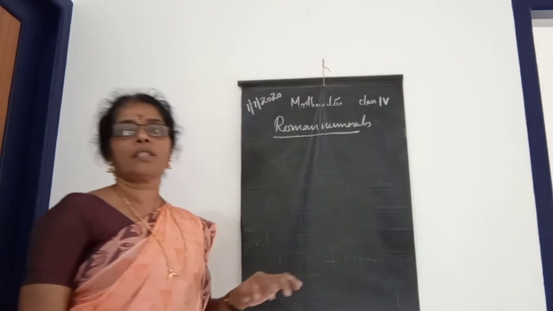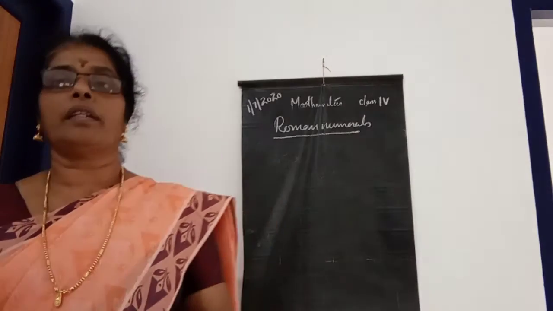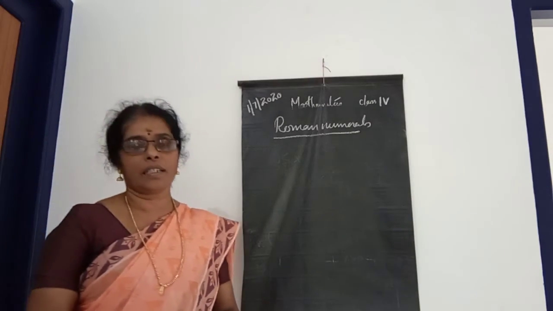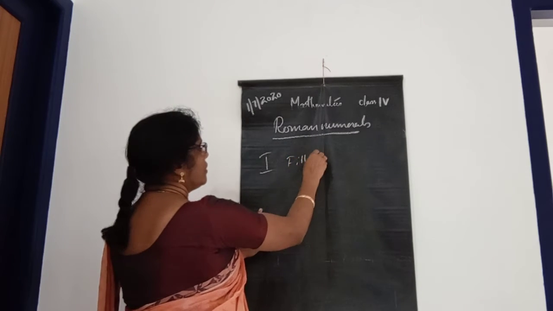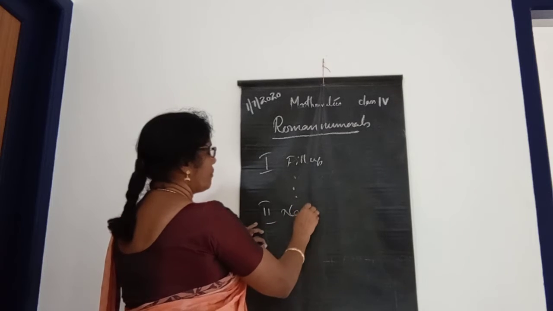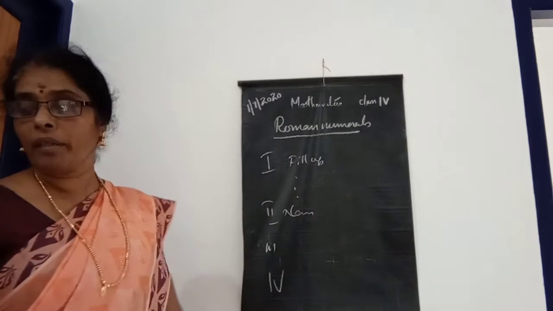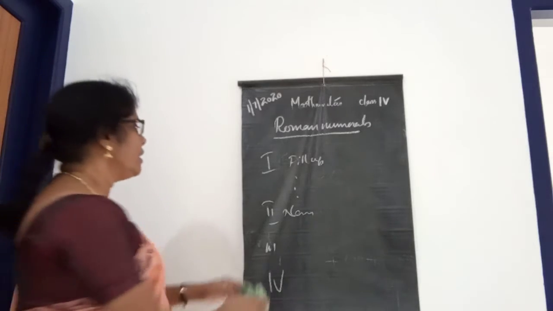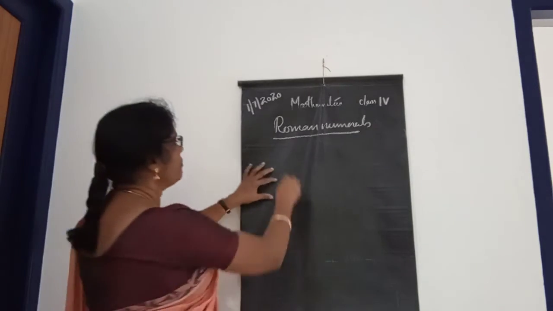How are these Roman numerals written? You have already seen them in the question papers, isn't it? First question, fill up. Second question, name the following. Then third, then fourth. Likewise, this is Roman numerals. Okay. All of you listen here.